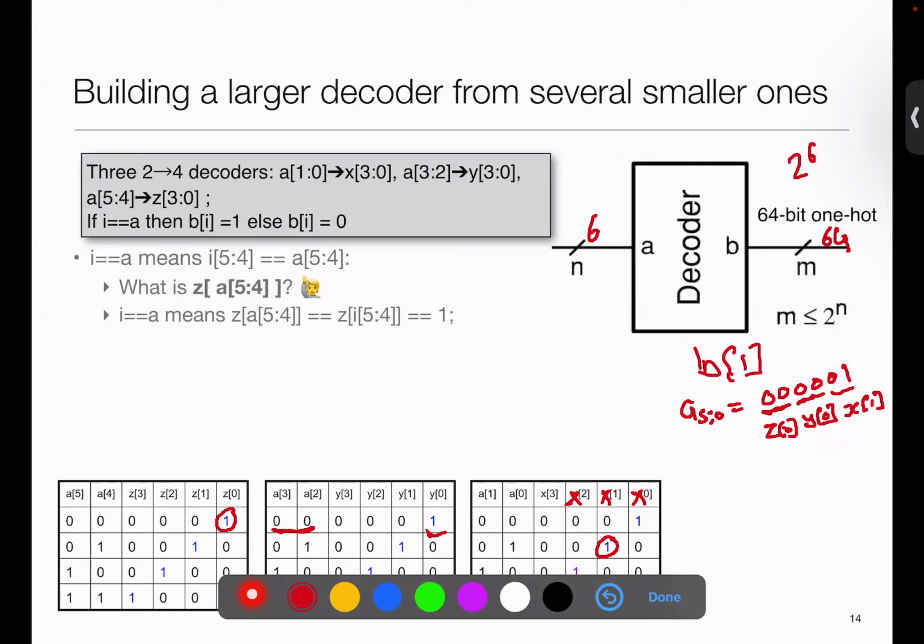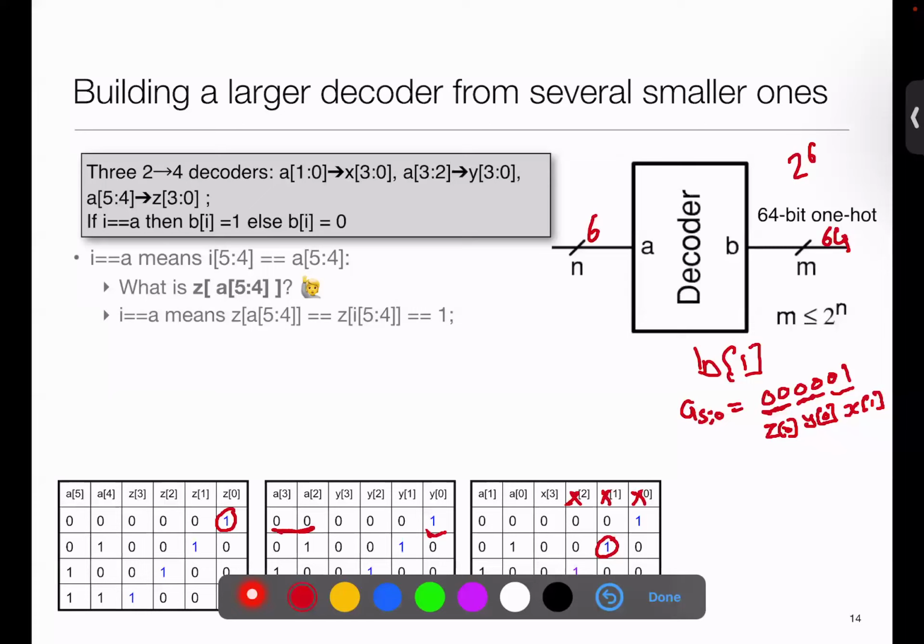So now imagine A had the value I. A is 6 bits, so I can look at, let's say, the upper 2 bits of A, which are bits 5 and 4. And I look at those values, right?